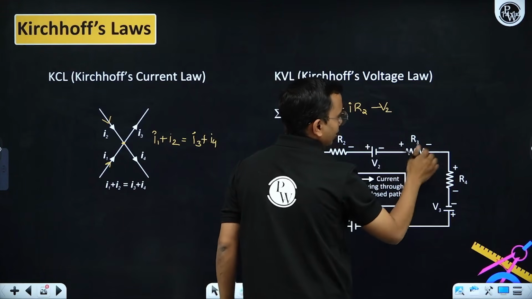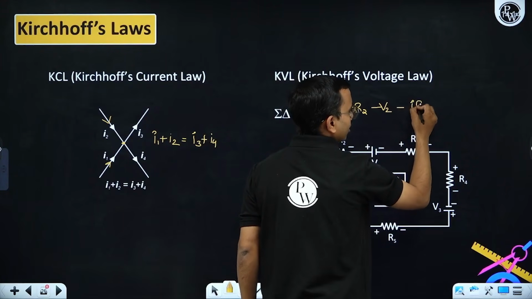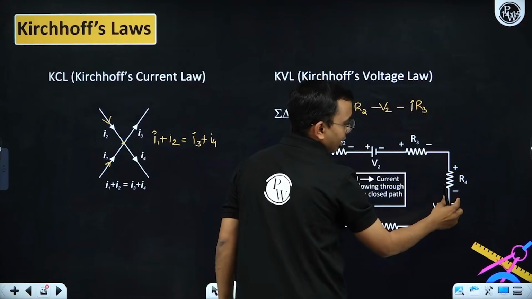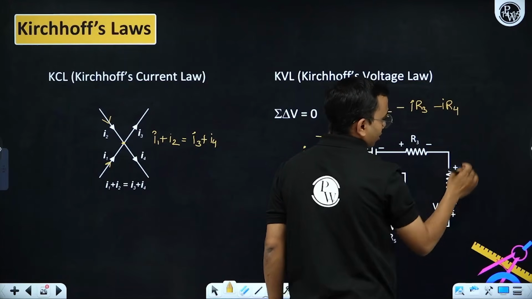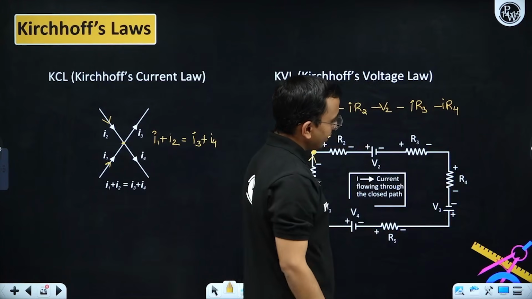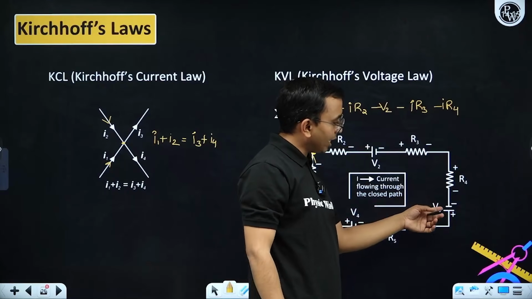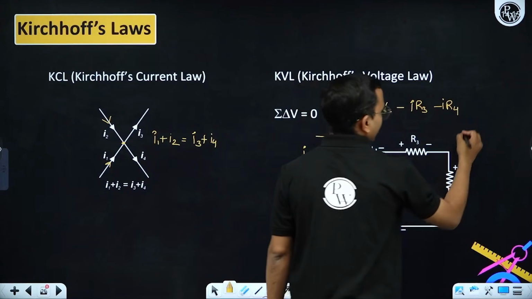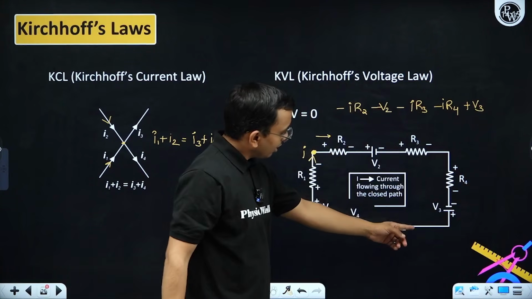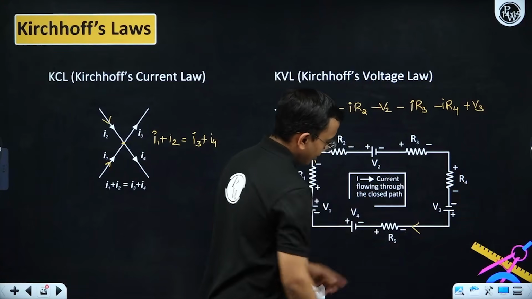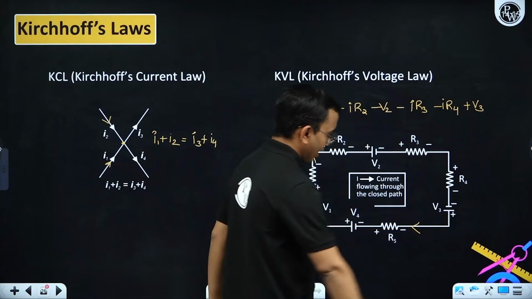For this, a drop, minus IR3. For this, a drop, minus IR4. For this battery, gain or a drop? Gain. We are going from negative to positive, a gain, plus V3. Here, moving like this, in the direction of current, drop, so minus IR5.